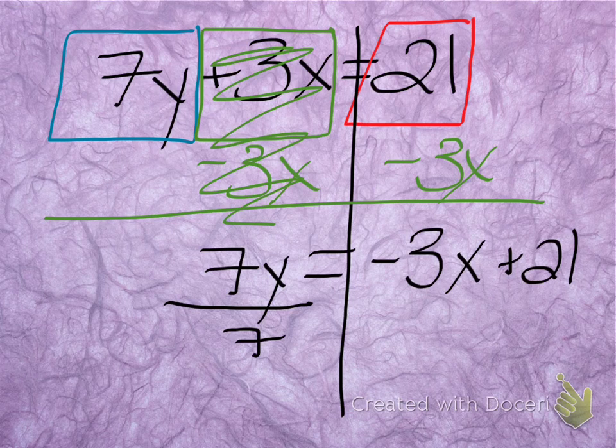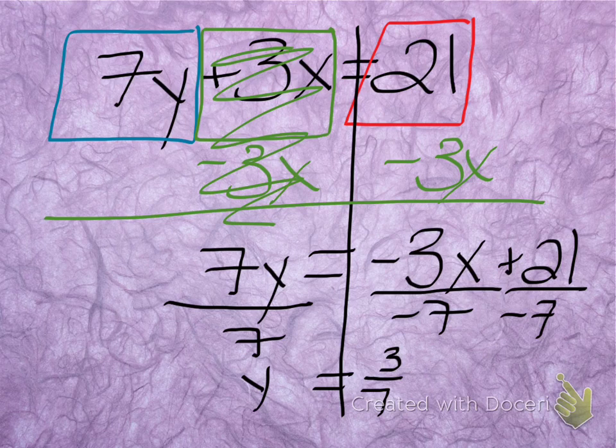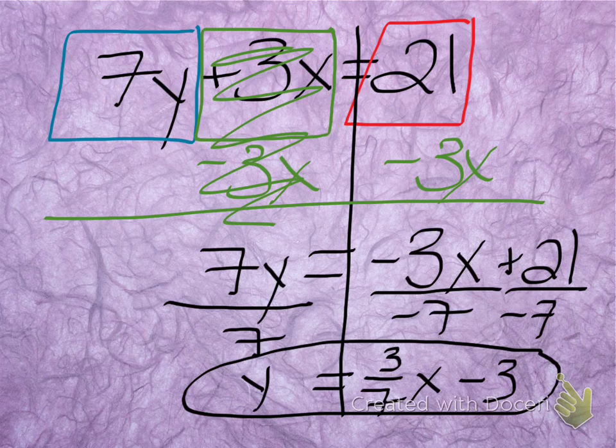My last step, divide by my coefficient. So I end up with y equals, negative divided by negative is positive, so 3/7 x, and then a positive divided by a negative is a negative, and 21 divided by 7 is 3. So we get y equals 3/7 x minus 3.